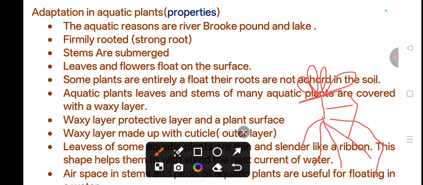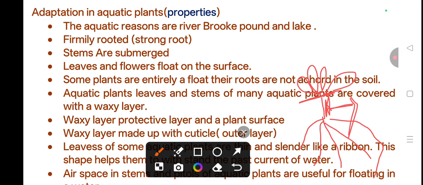Firmly rooted means strong root. Stems are submerged, meaning immersed in water. The stem is that part we call a stem. The stems are submerged in water, and the leaves and flowers float on the surface.